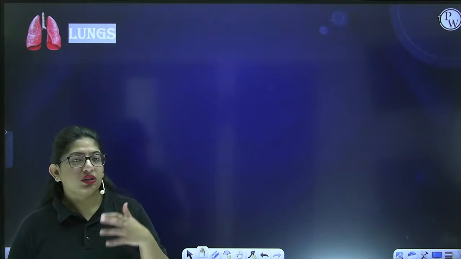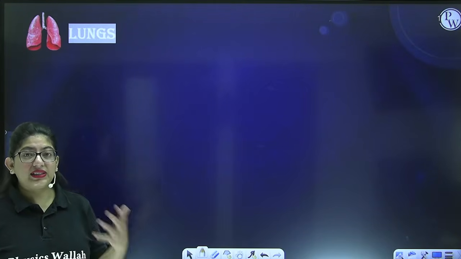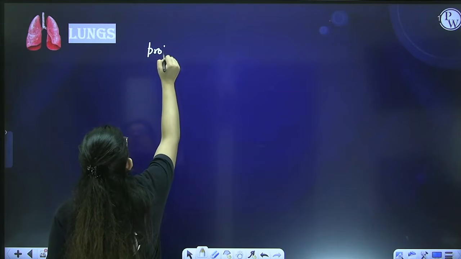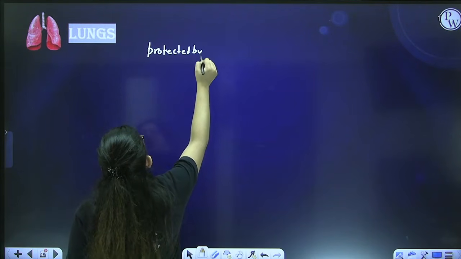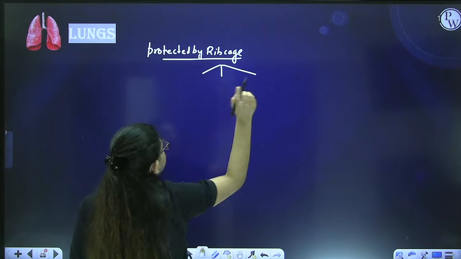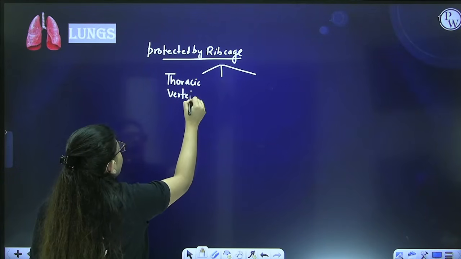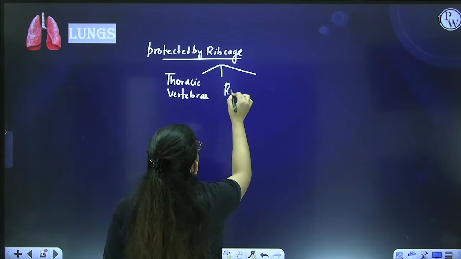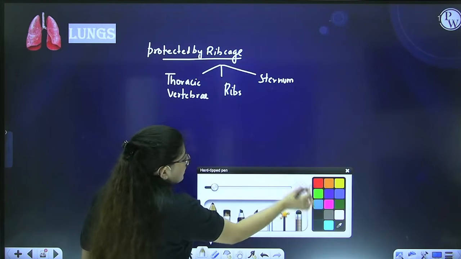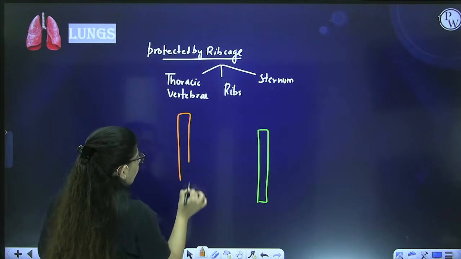Let's talk about the various bones present around the lungs. The lungs are also protected by the rib cage. The rib cage is formed by three types of bones: the thoracic vertebrae, the ribs, and the sternum. Ventrally, the sternum is present, and dorsally, the thoracic vertebrae are present.